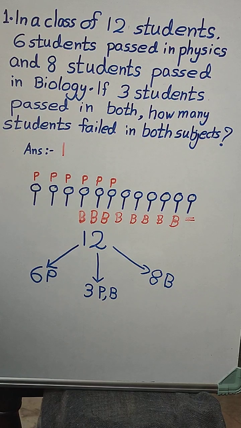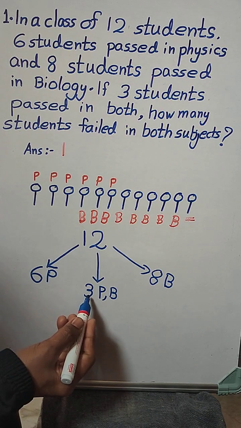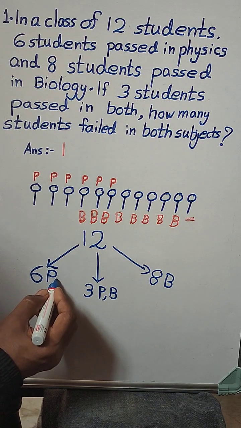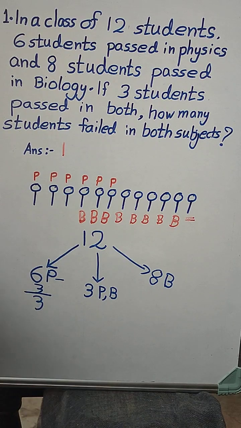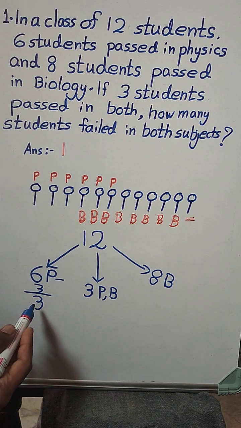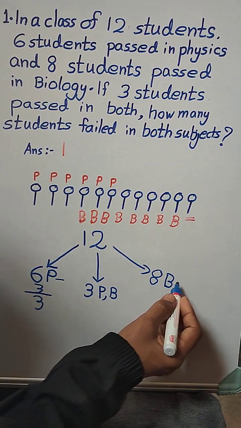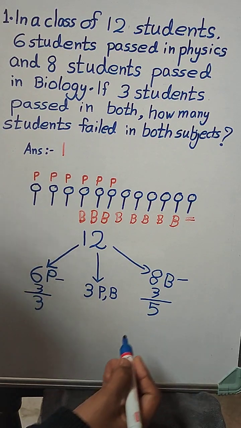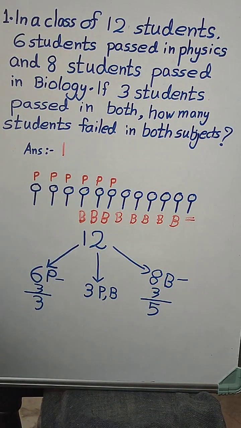How many students failed in both the subjects? Of 6 students, 3 are in this part, so 6 minus 3 can be taken here, and that is those who passed physics only. Here also 8 minus 3, there are 5 students who passed in biology only.